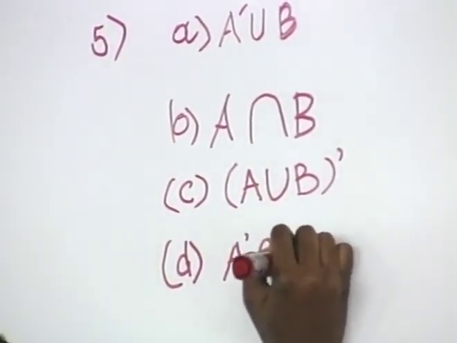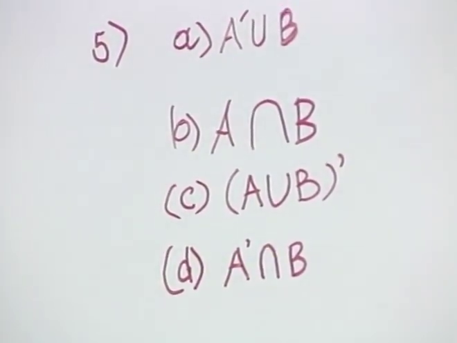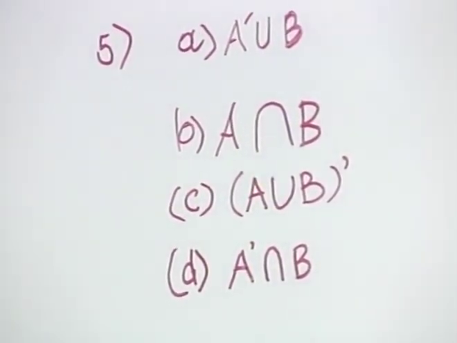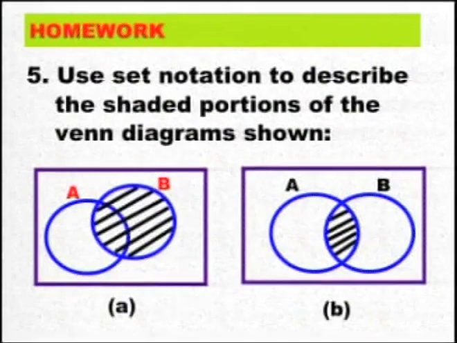The universal set is 5. Let me just check this. Okay, letter A.